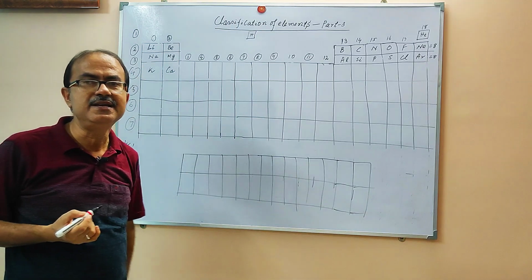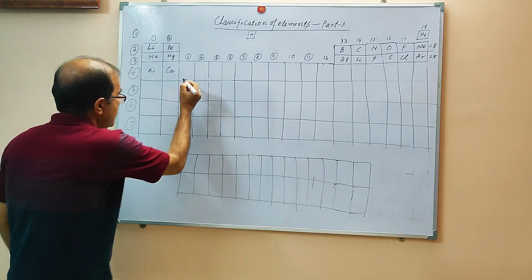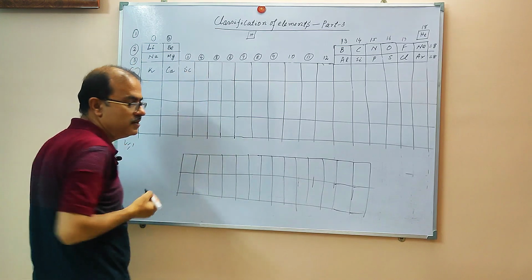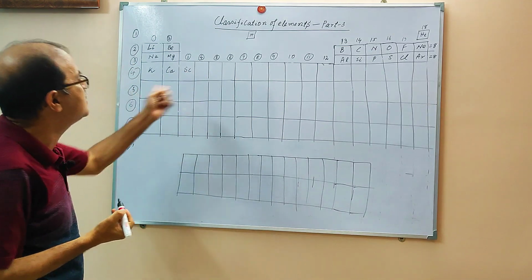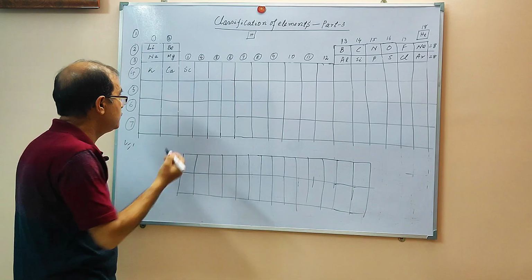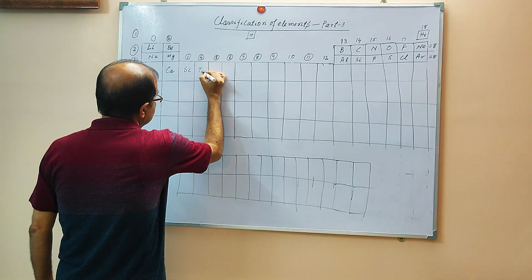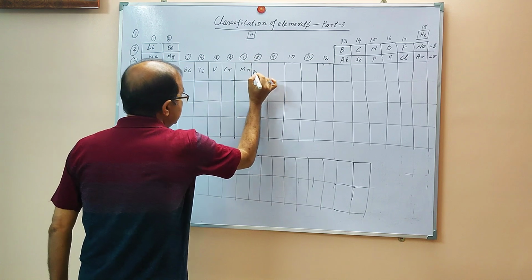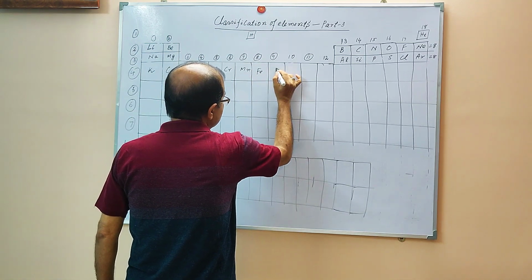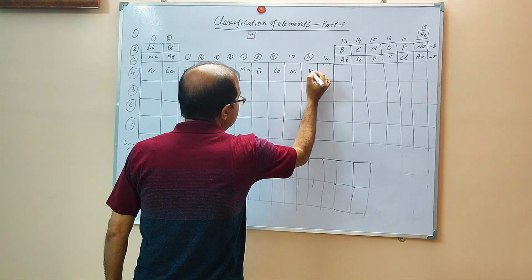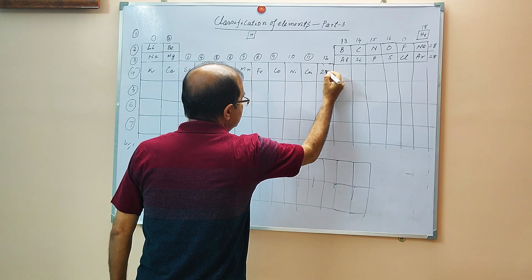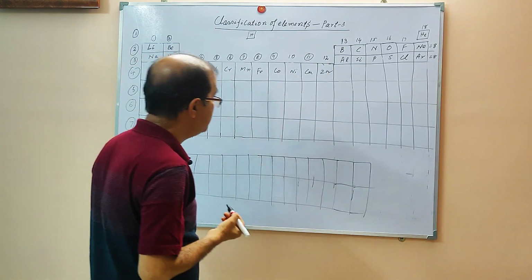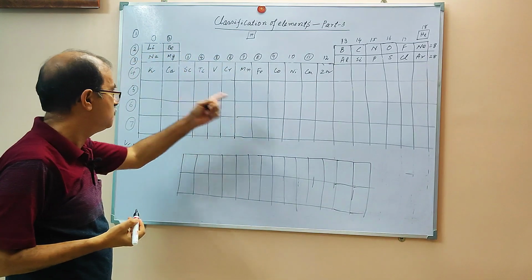After that, the 3d orbital will be filled, and so another set of transition elements has been put in this period: scandium, titanium, vanadium, chromium, manganese, Fe, cobalt, nickel, copper and zinc. Total 10 elements have been put here.